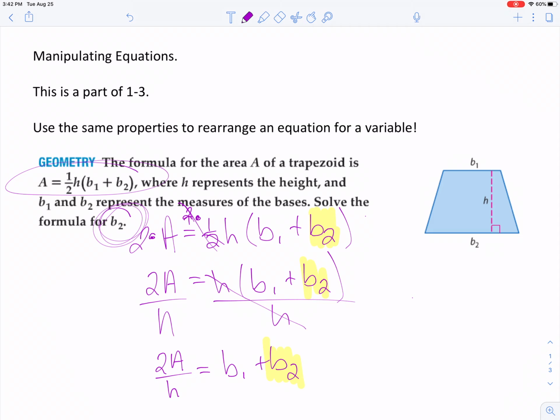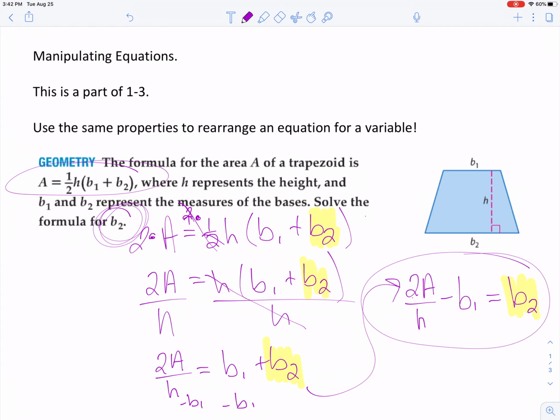So that means I'm going to subtract B1 from both sides. Now these are not like terms, so I'm just going to end up tacking that B1 onto the right here of the left-hand side. Now, do I finally have B2 all by itself? Yes. So that's my answer.